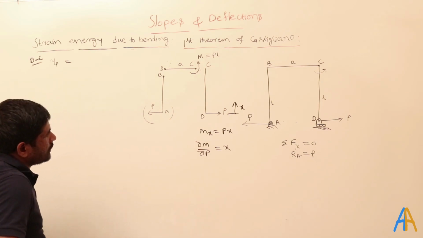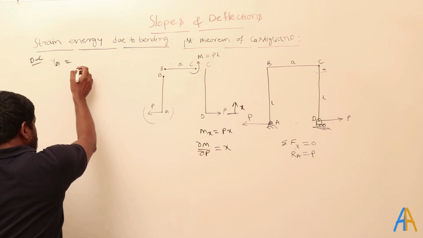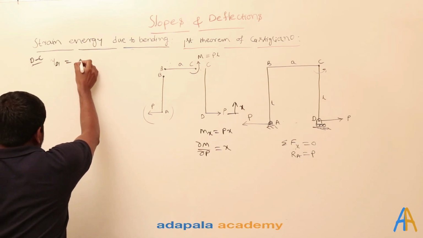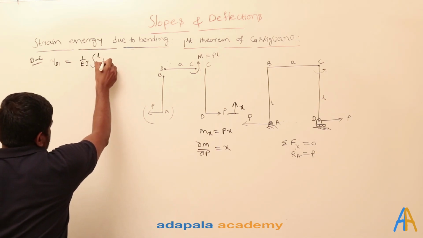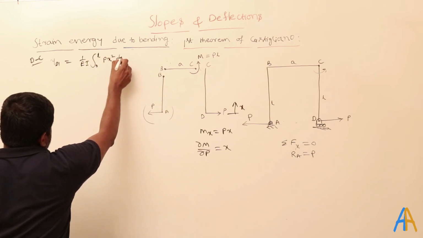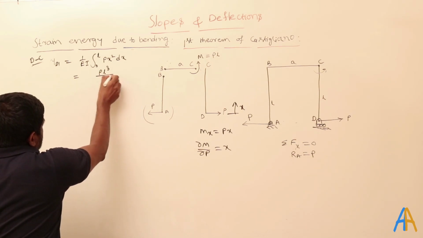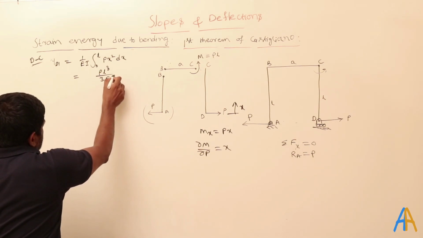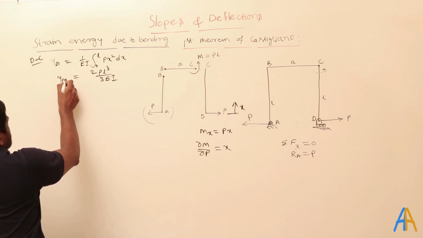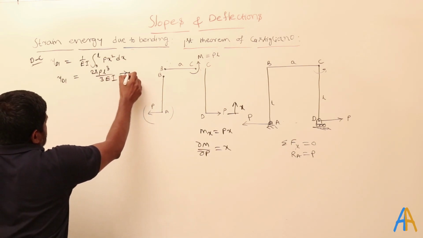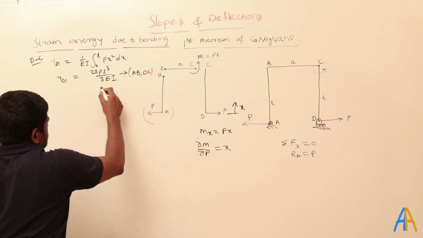Because I want to find Y_D. So 1/EI into integral 0 to L, Px into x square dx. It will become PL³/3EI, and this is for Y_D1, into 2 times, for AB and DC, both 2 times.